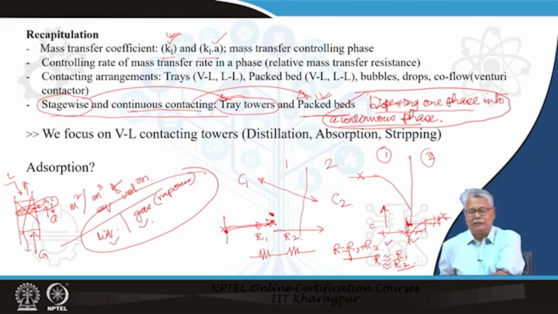Well, there are different types of contacting equipment, and so far you have come across mainly the vapor-liquid contacting requirement of distillation, absorption, stripping, and in case of adsorption you have gas-solid contact.